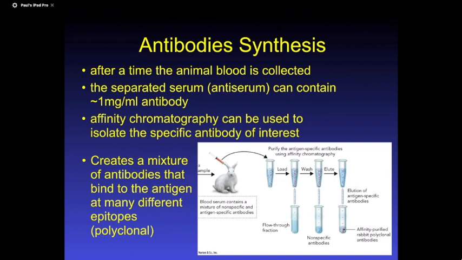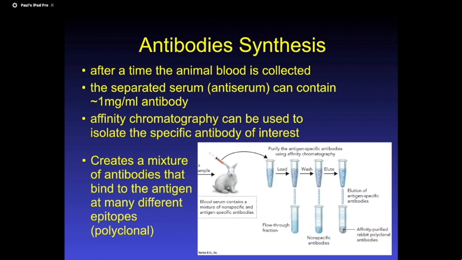It also binds tightly, meaning that if any of the antigen is in your mixture, it will bind at very low concentrations. So you can be very specific. So tightly and specifically, we can detect whatever we're looking for in a mixture of things.